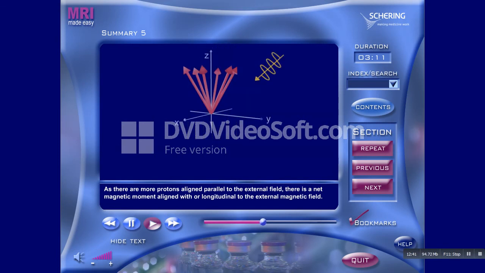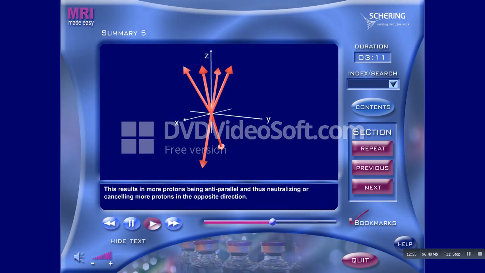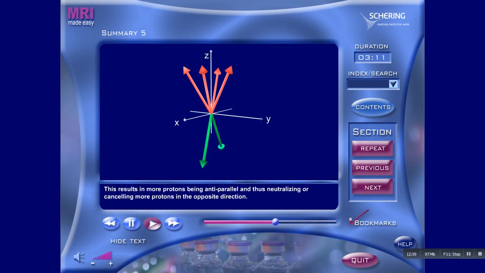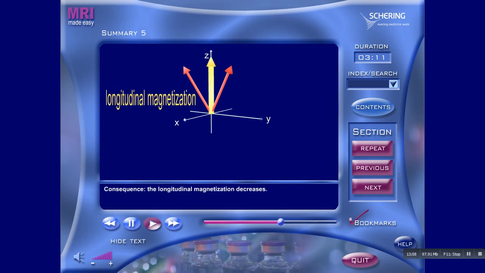A radio frequency pulse that has the same frequency as the precessing protons can cause resonance, transfer energy to the protons. This results in more protons being antiparallel and thus neutralizing or cancelling more protons in the opposite direction. Consequence? The longitudinal magnetization decreases.